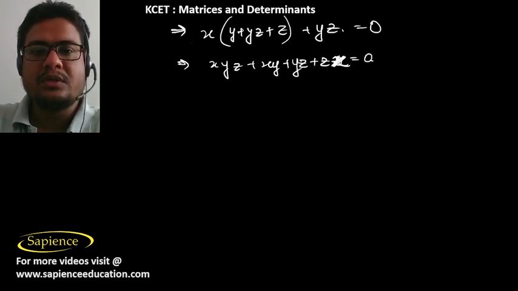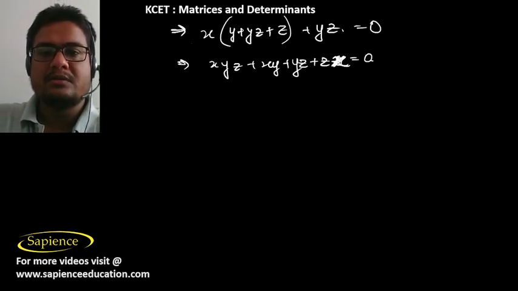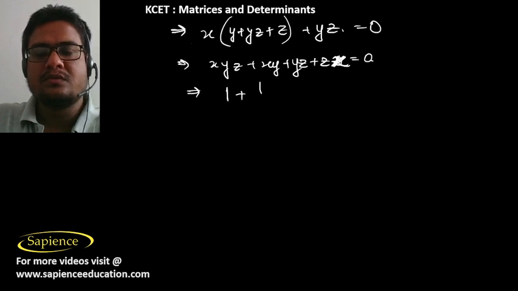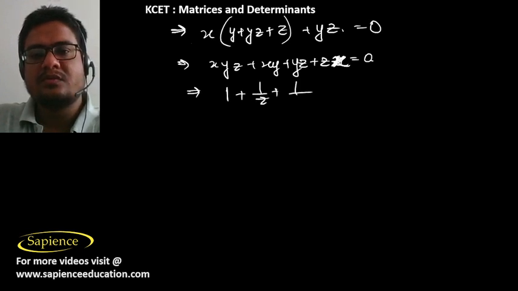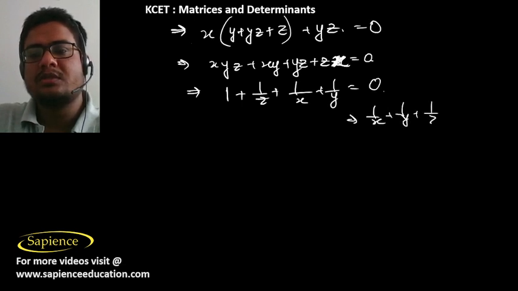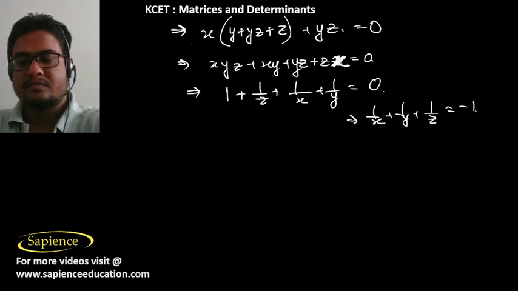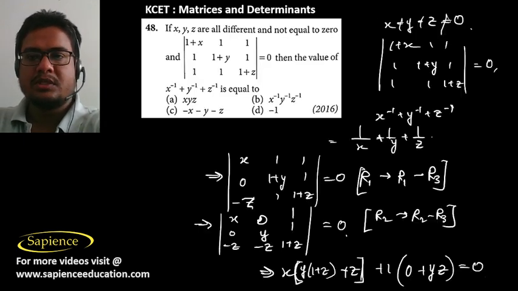Now if we divide by xyz, then we have 1 plus 1 by z plus 1 by x plus 1 by y plus 1 by z, that is equal to minus 1. Option D is the correct one.